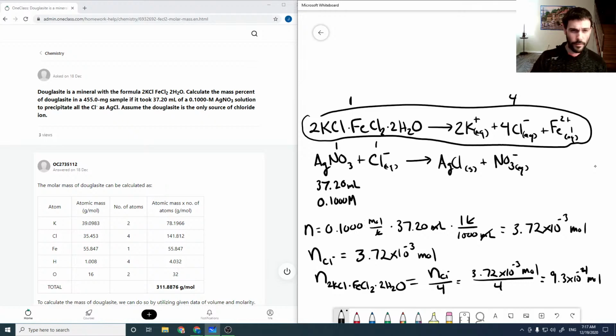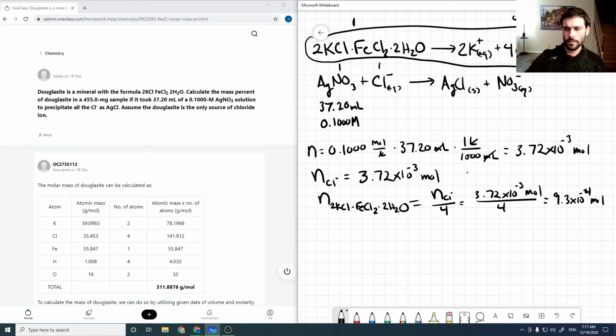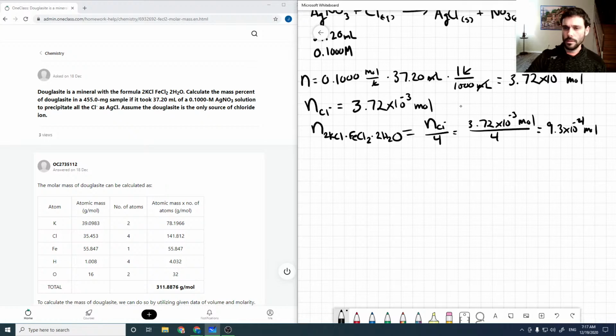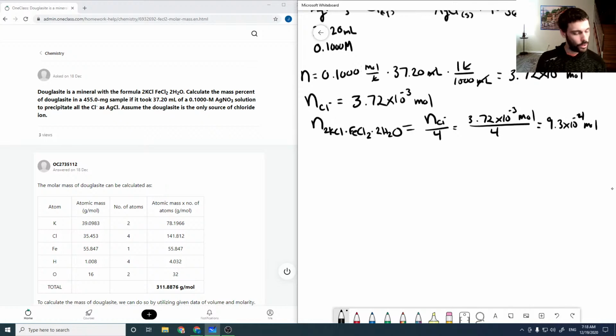Okay, so now we have our moles, and it wants us to give a mass percentage of 455 milligrams. So to get a mass, we need our molar mass. And so for this, I'm going to use the molar mass for potassium as 39.0983, molar mass for chlorine 35.453.